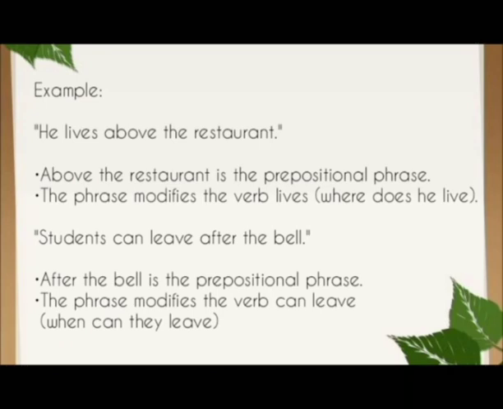Above the restaurant is the prepositional phrase, and then the phrase modifies the verb lived: where does he live. And the second is students can leave after the bell. After the bell is the prepositional phrase, and then the phrase modifies the verb can leave: when can they leave.